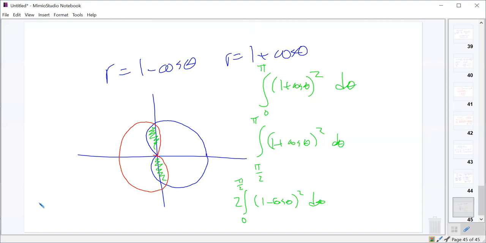And an even more annoying one for me to write out here, 0 to pi over 2 of (1 minus cosine theta) squared plus (1 plus cosine theta) squared d theta.